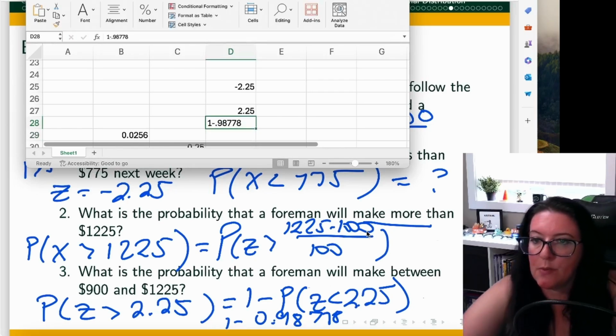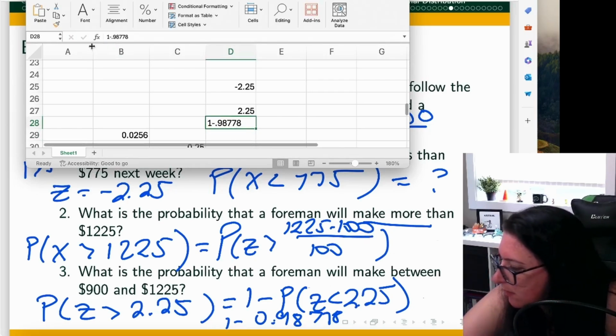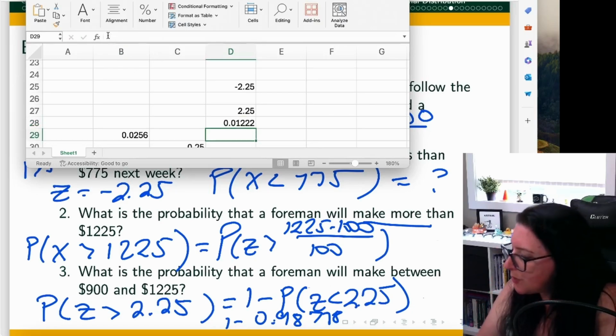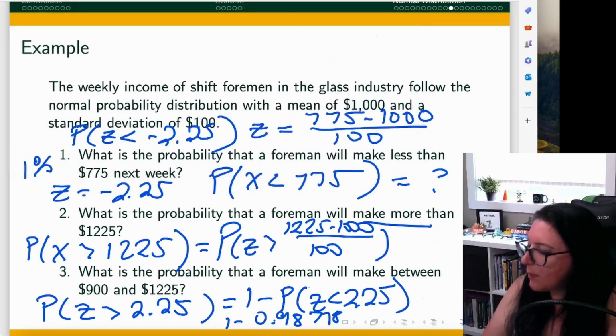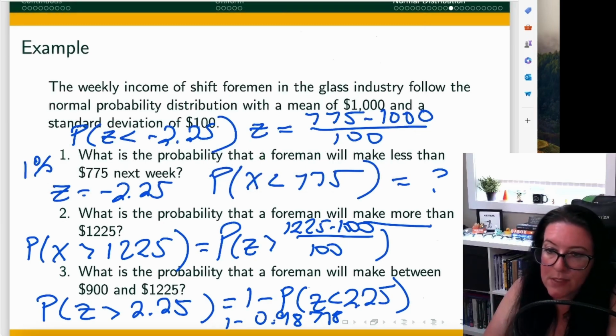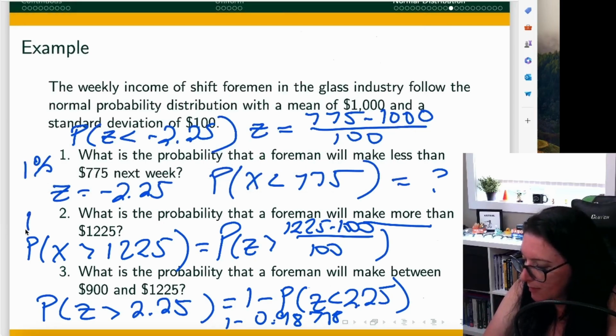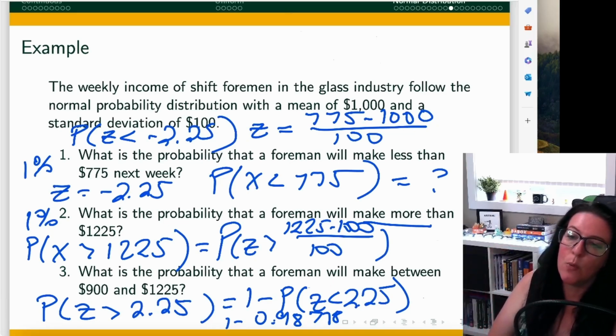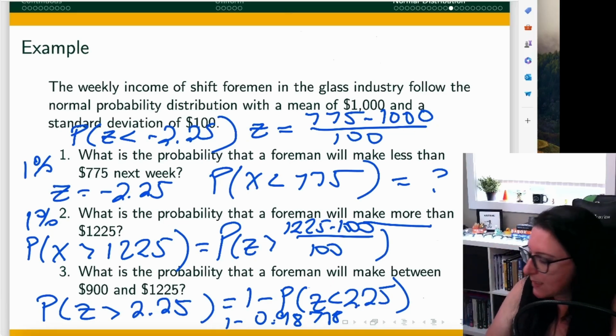Of course, got to put an equal sign in front of it to get a number. And we get 0.0122. So notice that the probability that a foreman will make less than 775 next week was 1%, and the probability that the foreman will make more than 1225 was also right around that 1%.